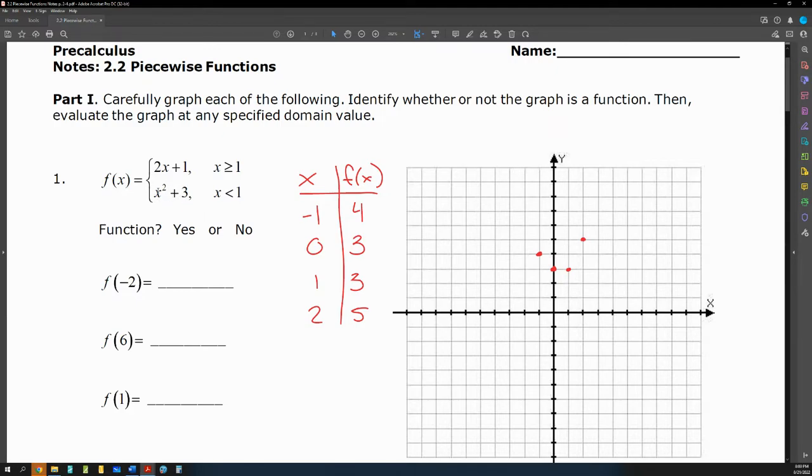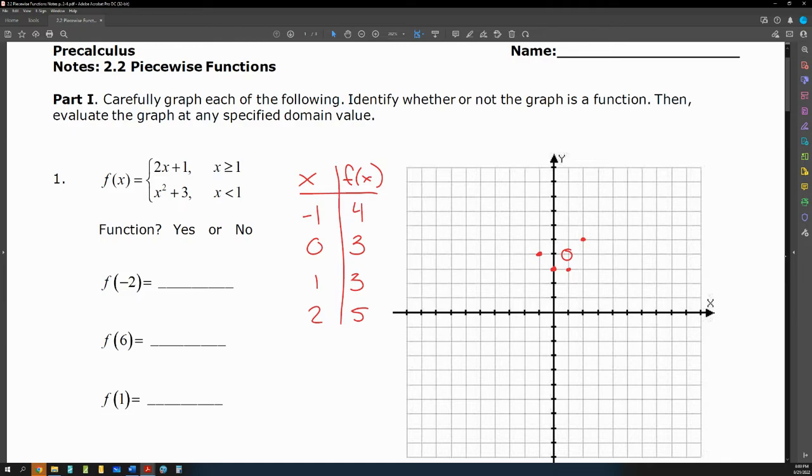When we plug in 1 here, we have 1 squared is 1, plus 3 is 4. So I know that this function on the left-hand side is a quadratic, x squared plus 3, appearing to be going up to the point 1, 4, but not including. So we're going to put an open circle there.